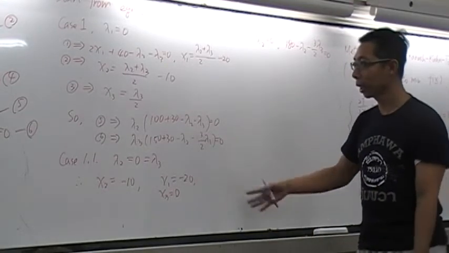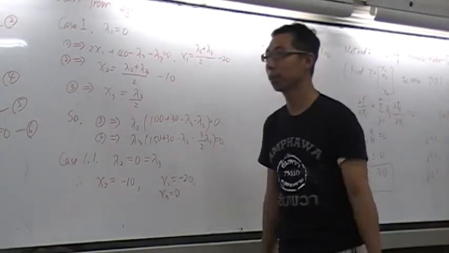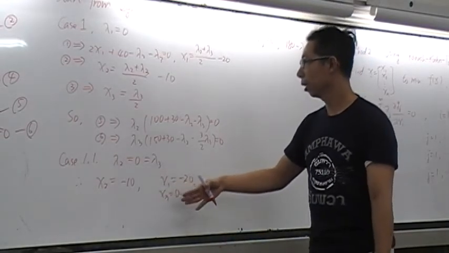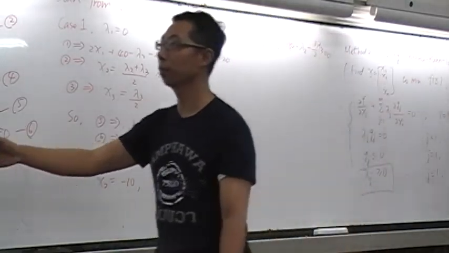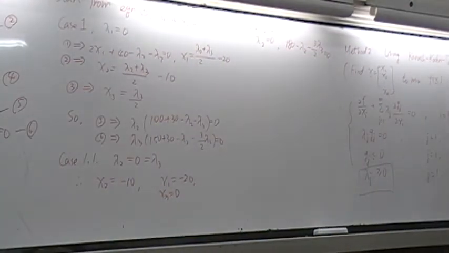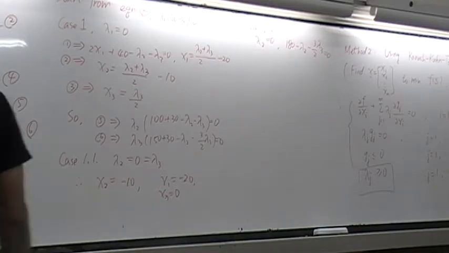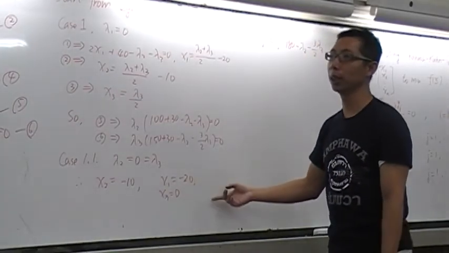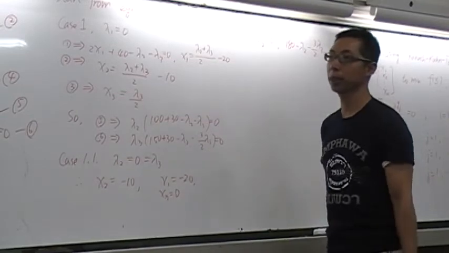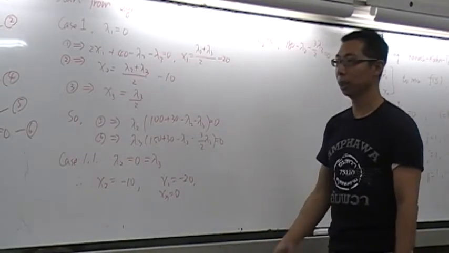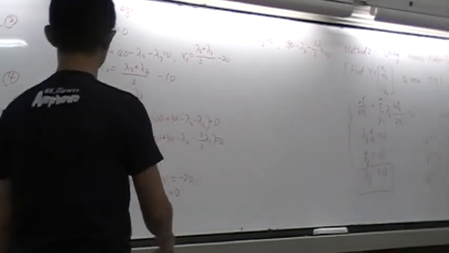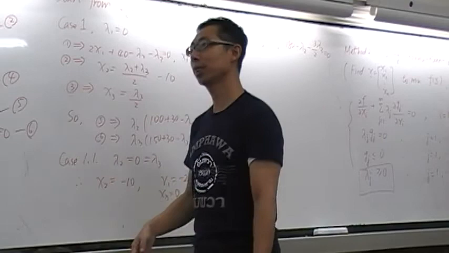But the constraints, let's take a look. Let's just take a look at the first constraint, G1. 50 minus x1. What is x1? x1 is negative 20. Okay. So 50 minus negative 20 is larger than 0. So the first constraint is violated, which is not good. And how about the second constraint? 100 minus x1 minus x2. That's still greater than 0.